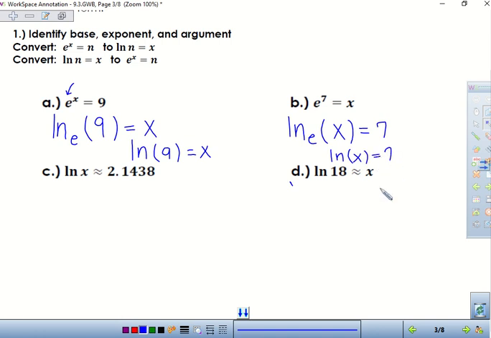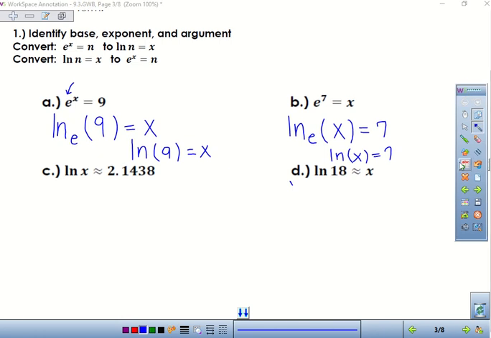Okay? Now we're going to go the other way around. We're going to go from ln logarithmic form to exponential form. So you remember how I said if it's ln, the base is e, and all the other log rules follow the same way. Okay? So remember the arrow method I was telling you guys about?